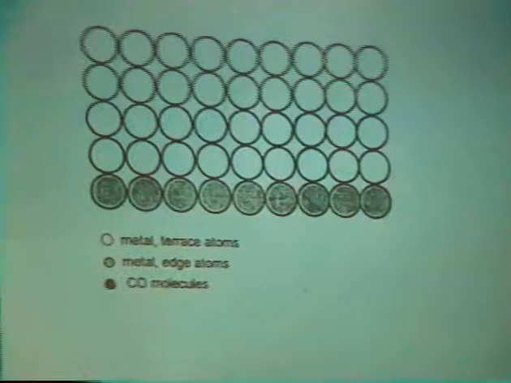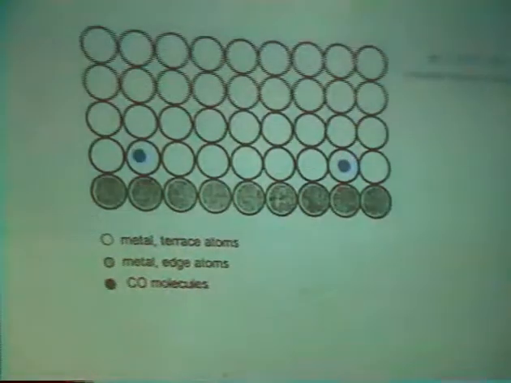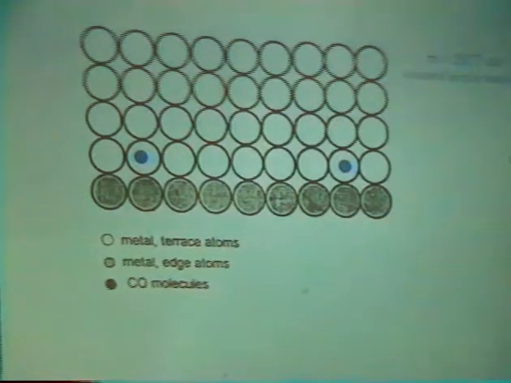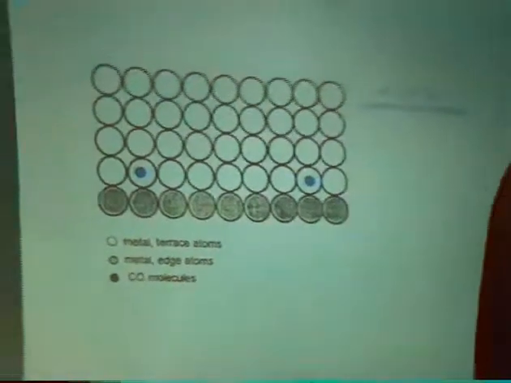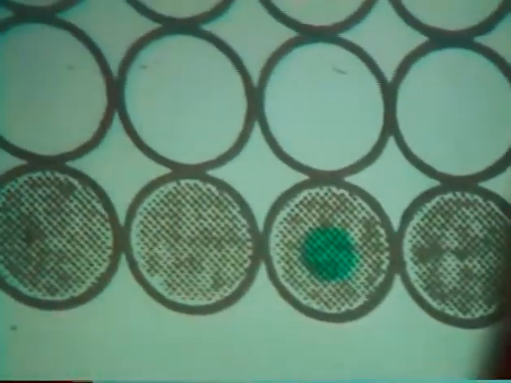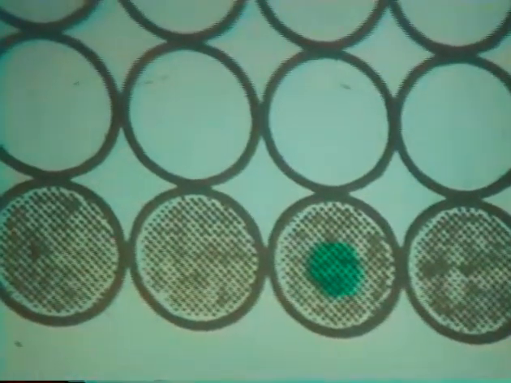If we adsorb a CO molecule on the terrace, or some that are widely separated, it'll have a frequency of about 2077, an isolated molecule on the terrace. If I adsorb a molecule on the step, which has a different coordination number, the isolated frequency is about 2067.